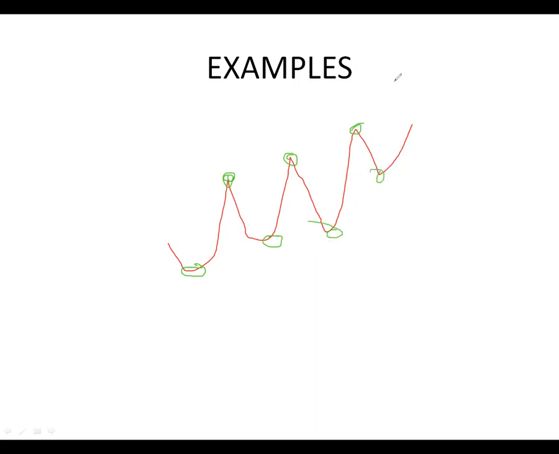So connecting two of these tops or downs is what is called a trend line. And how do you connect that? You need a straight line to connect it. So let's see if we can get a straight line. So this is a straight line connecting the tops.